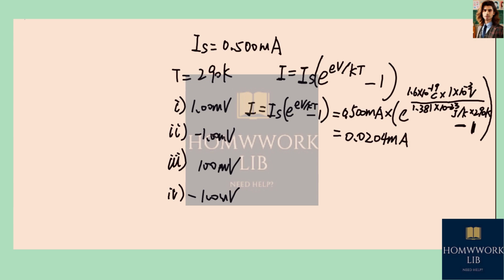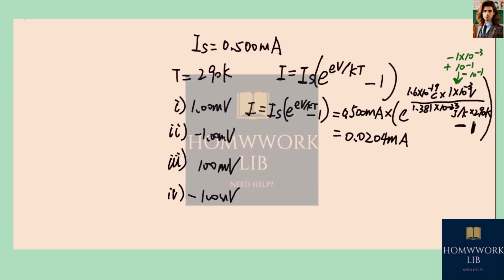So this is what happens when the voltage is 1 millivolt. For the following questions, the only thing we need to change is this number, to negative 1 times 10 to the negative 3, positive 10 to the negative 1, and negative 10 to the negative 1.